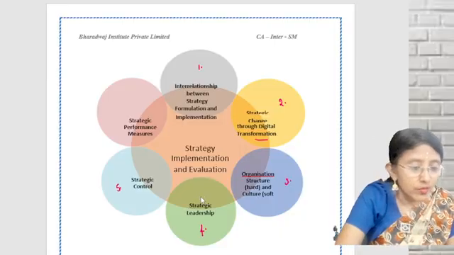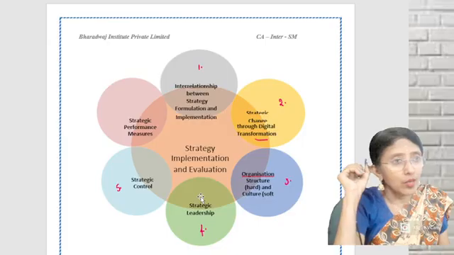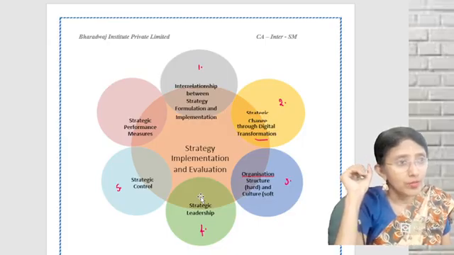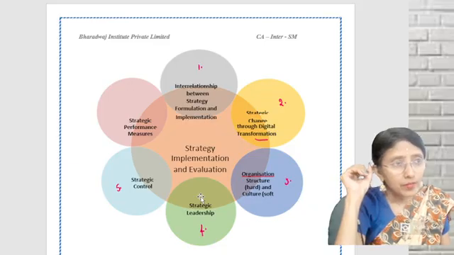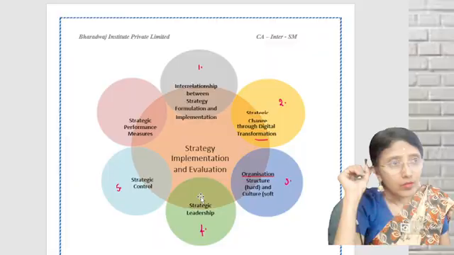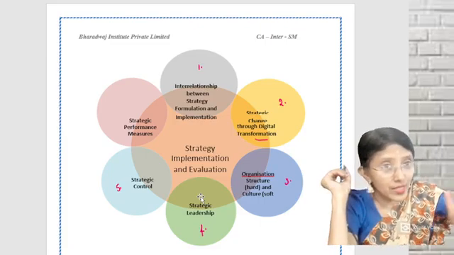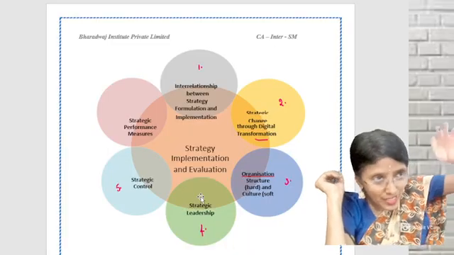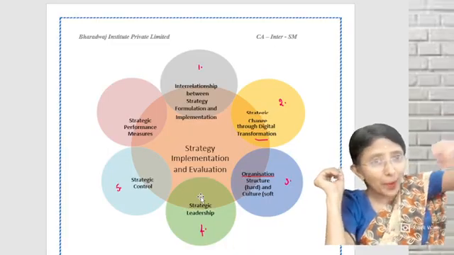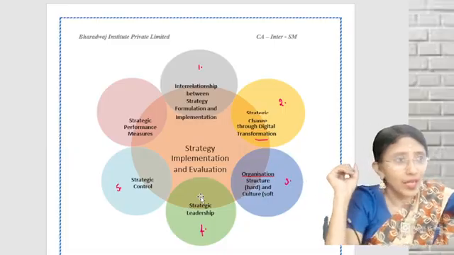Strategic control. What is control in business parlance? What is control? We will check whether everything is covered which we already said. Okay. So control here is not exercise of authority. It is assessment of performance, comparing the actuals with targeted performance.